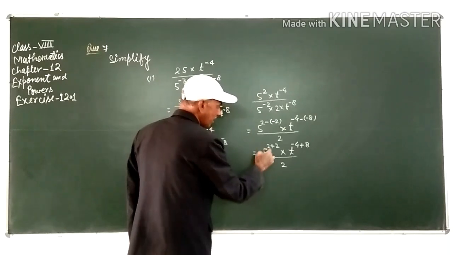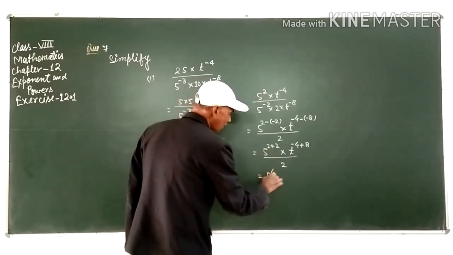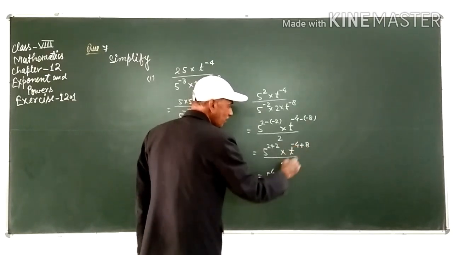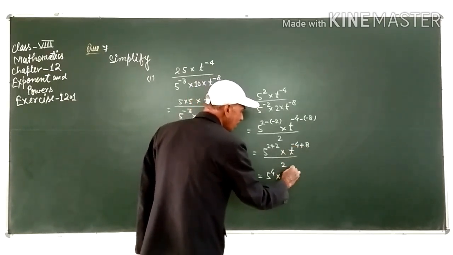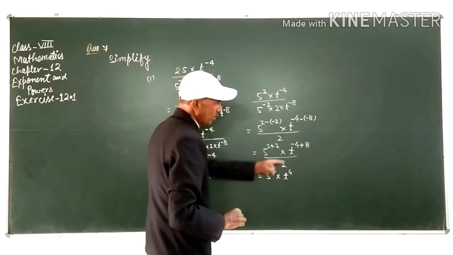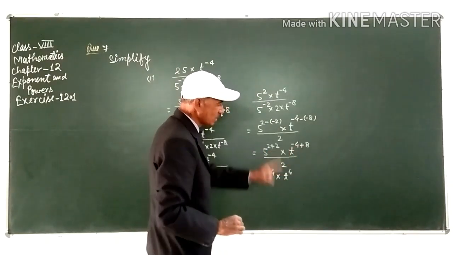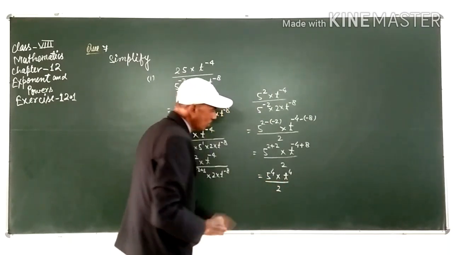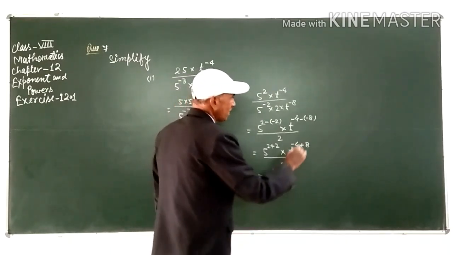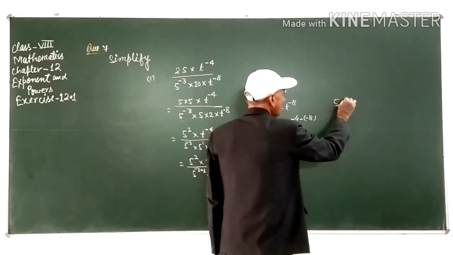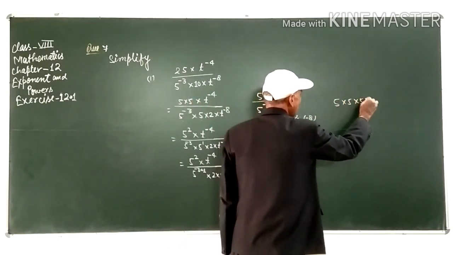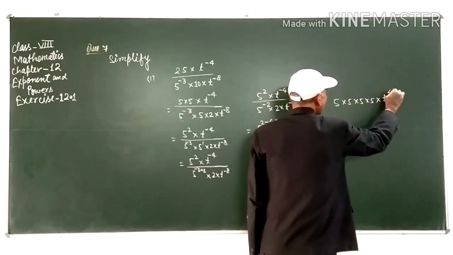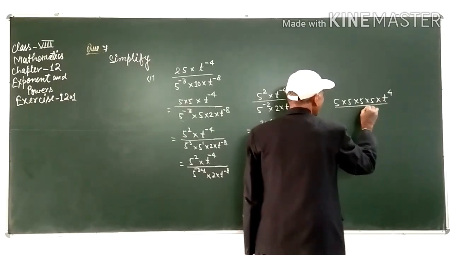And this one will be, students, 5 to the power 4 into t to the power plus 8 minus 4, it will be t to the power 4 upon 2. Clear friends? So 5 to the power 4 means 5 into 5 into 5 into 5, into t to the power 4 upon 2.